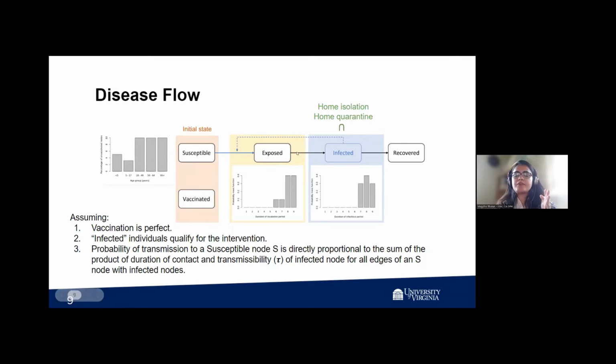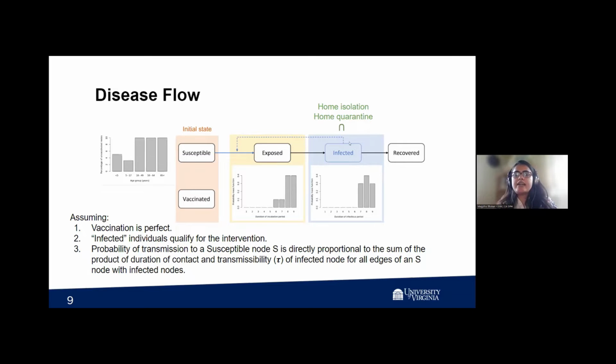For the susceptible, we introduce one infected node in the age group of 5 to 17. And then we initialize the agent-based transmission where the infected can transmit to susceptible, and they follow the compartmental state transition.